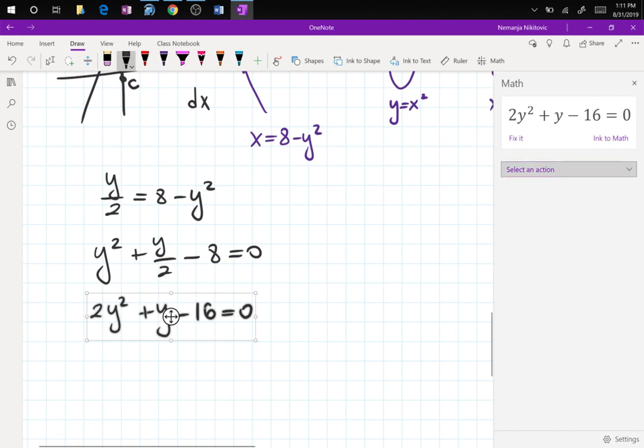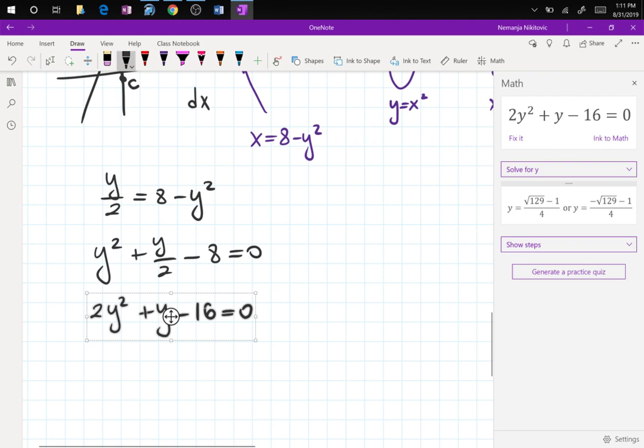Select the action, solve for y, and there you go. You get the answers. It's really easy. Oh, come on, give me decimals. Why do you give me this stuff? Okay, fine. You win, because I really don't want to do this.